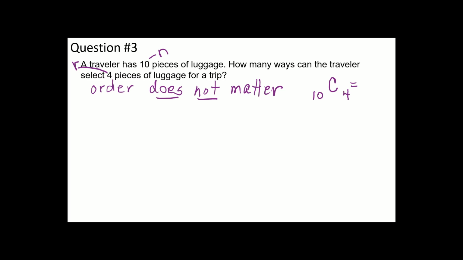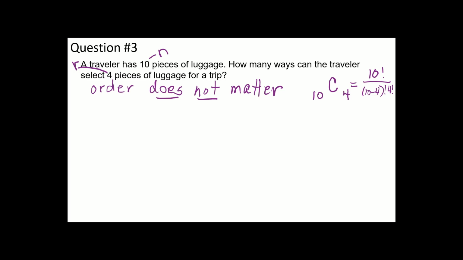It's going to be very similar to our permutation formula. Our N in our problem is 10 factorial over N minus R, so we subtract 4 from 10 factorial. That's just like a permutation, but for a combination, we're going to add that R factorial.